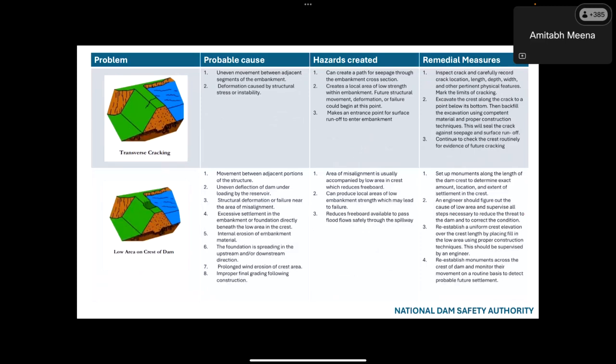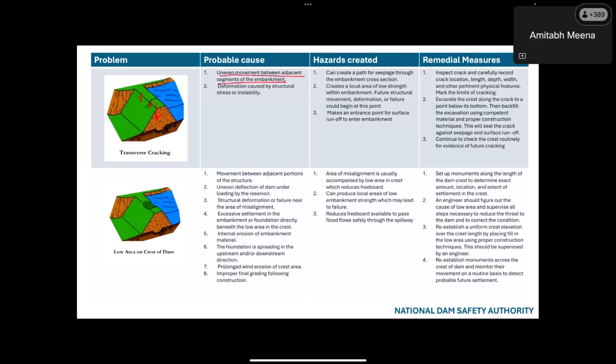Now, in this case, there is a transverse crack. Transverse cracks are caused by uneven movement between adjacent segments of the embankment. Maybe this section settled more than this section, so this crack may occur due to shear stresses, and deformation caused by structural stress or instability.